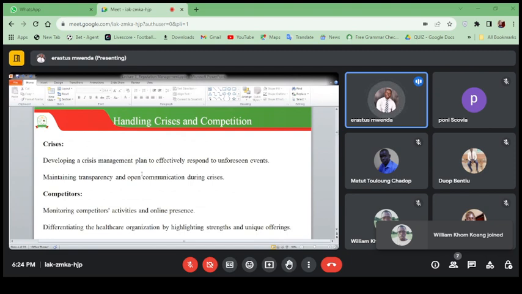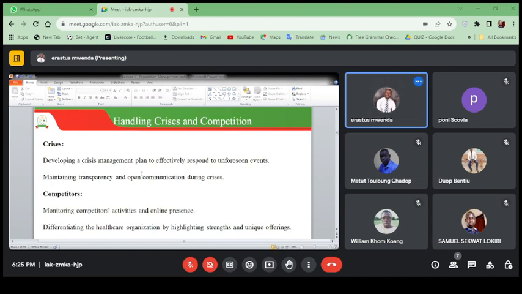Now, we have various crises and competition that healthcare organizations are going to face. During a crisis, we need to come up with a management plan that is going to assist us to respond to unforeseen events.